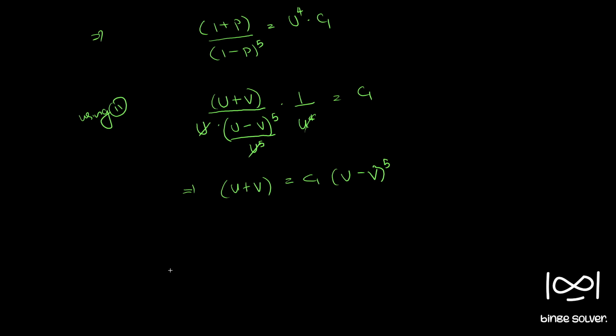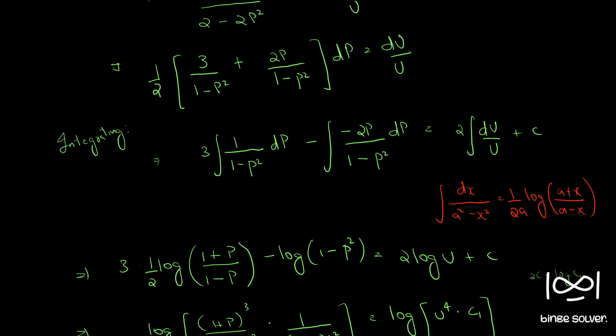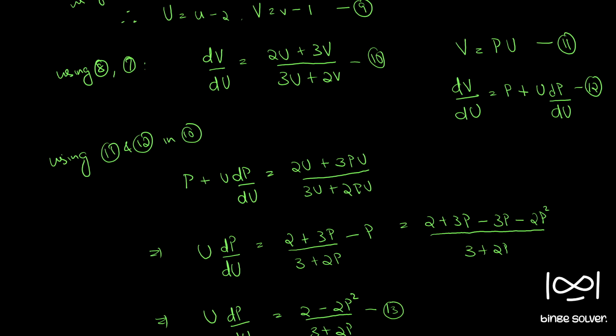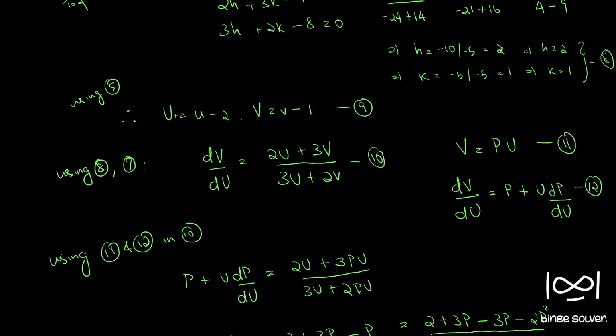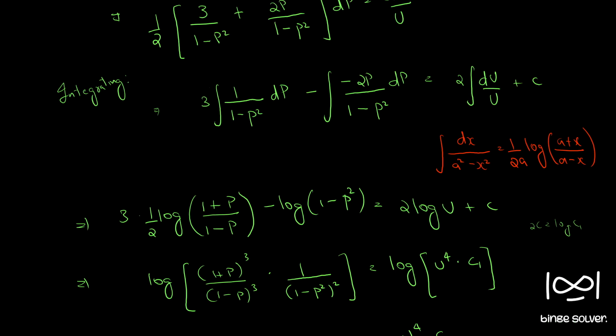So we got this. Now we can substitute for u and v. What is u and v? If you check from equation 9, u is equal to small u minus 2 and v is small v minus 1.